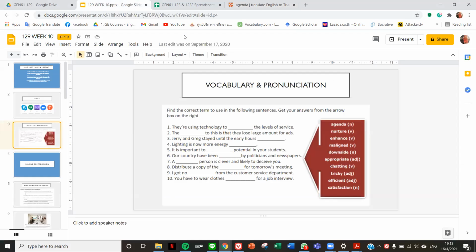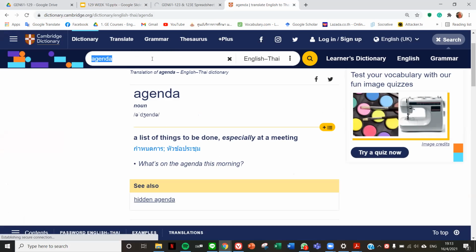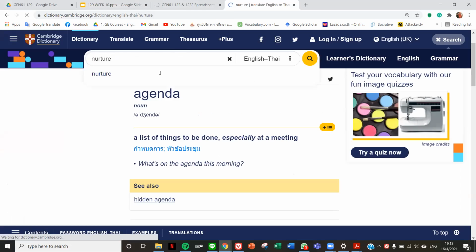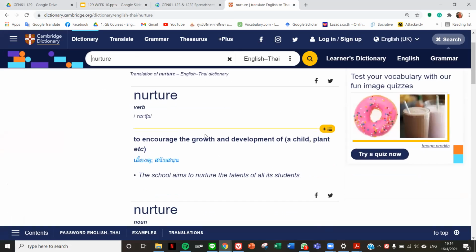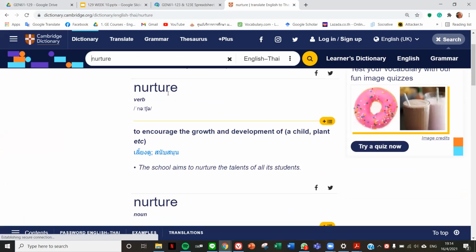Next we have the word nurture. The word nurture is the opposite of the word nature. If you say nature, it means something or someone is born with that character, or it's natural.